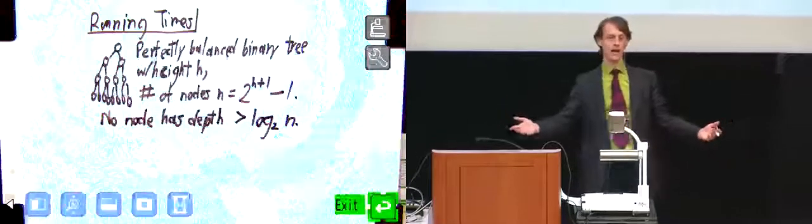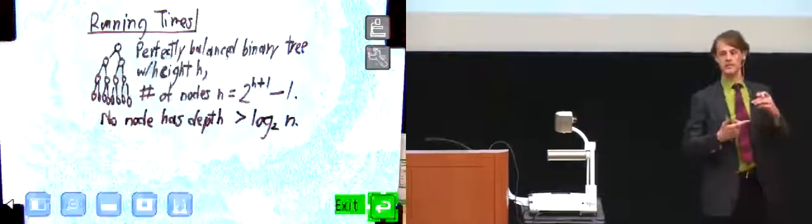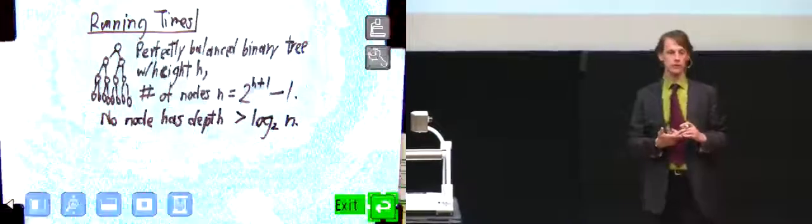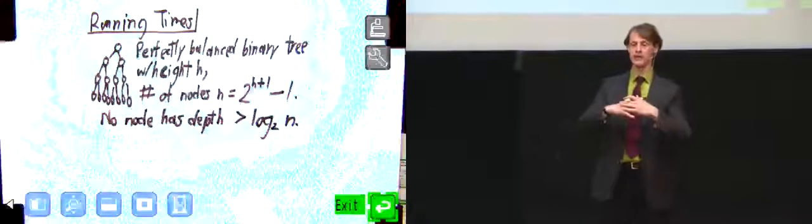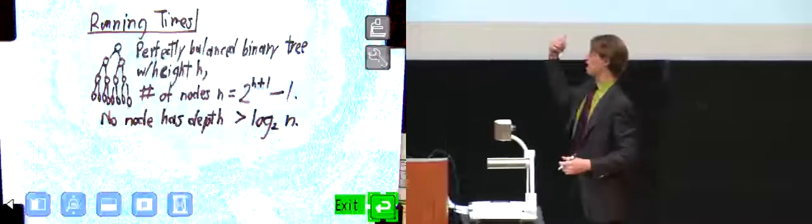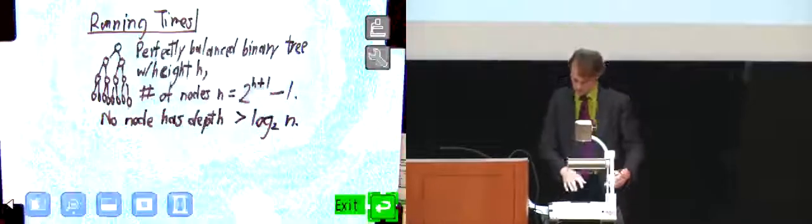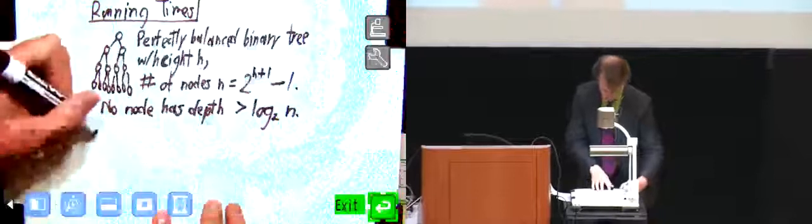Now, the running times of find, insert, and remove are all proportional to the height of the tree. So if the height of the tree is log n, then so are the running times.